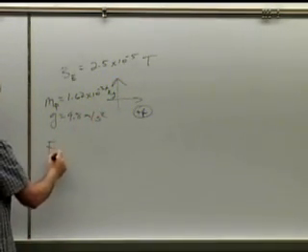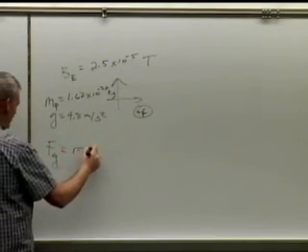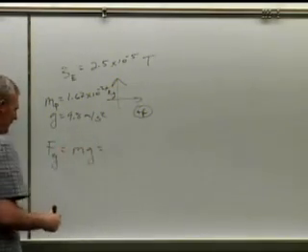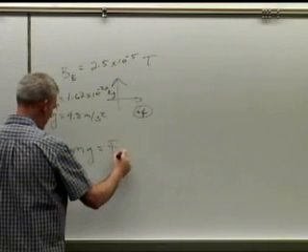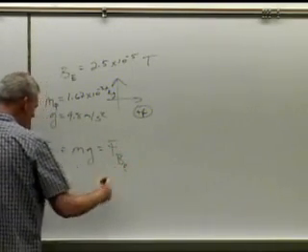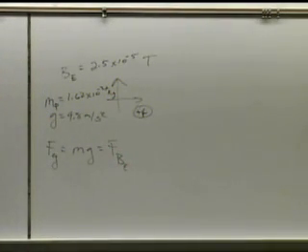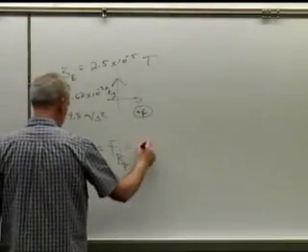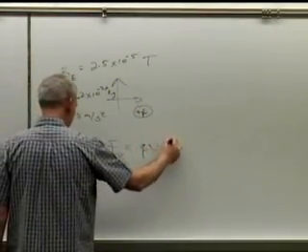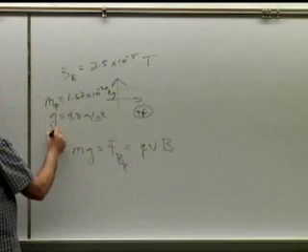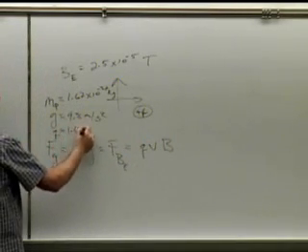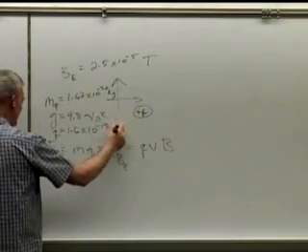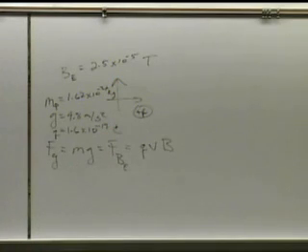So F of gravity is equal to mg, which is supposed to equal the force of the Earth's magnetic field, which is equal to QVB, where Q is equal to 1.6 times 10 to the negative 19 coulombs. Aha!